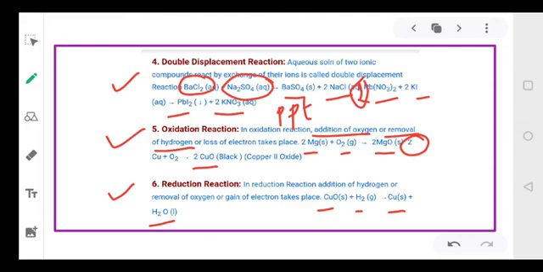CuO, copper oxide, reacts with hydrogen and forms copper plus water. So far we have done 6 types: combination, decomposition, displacement, double displacement, oxidation and reduction reaction.